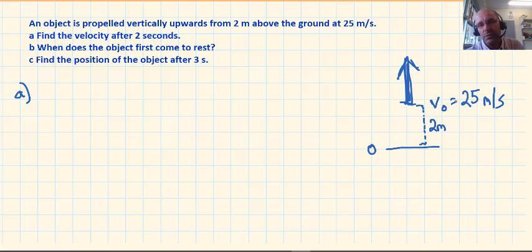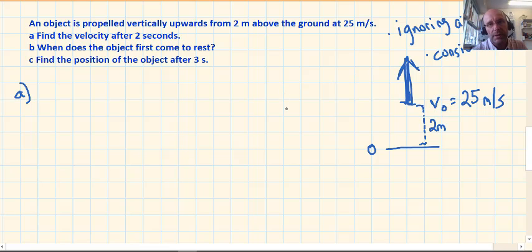Now in questions like this, that 25 meters per second is not a constant, it's just an initial value, and the velocity, when you project something vertically upwards, will reduce, and we're ignoring air resistance, but we are considering the effect of gravity. So these sort of questions will make these observations and these assumptions.